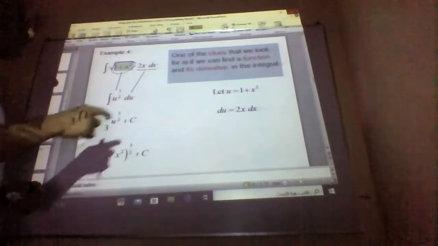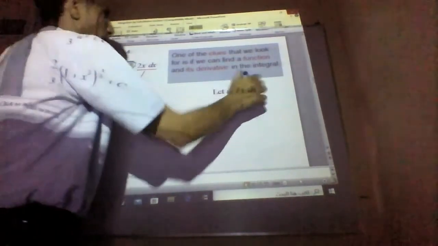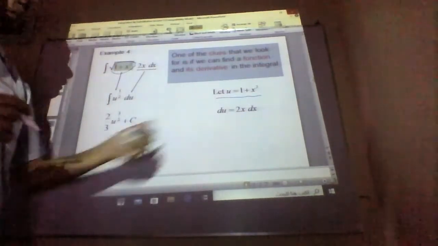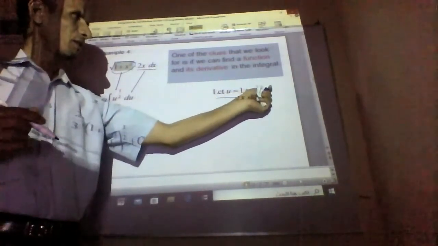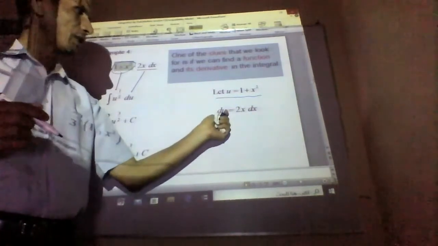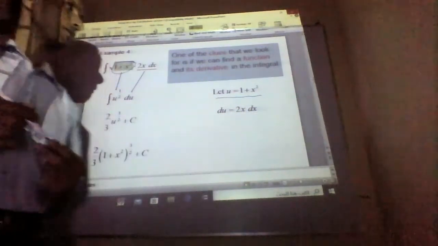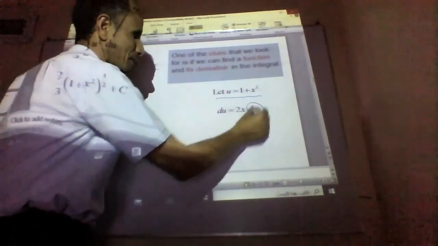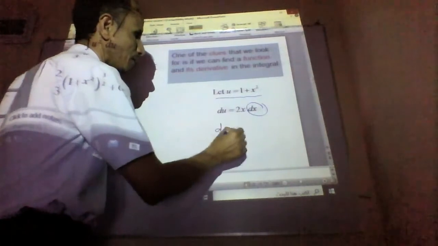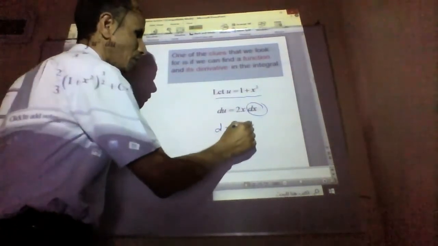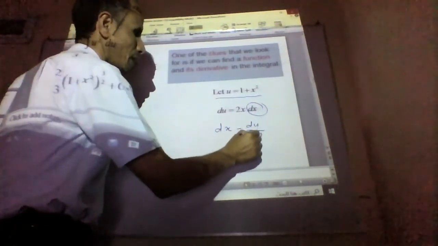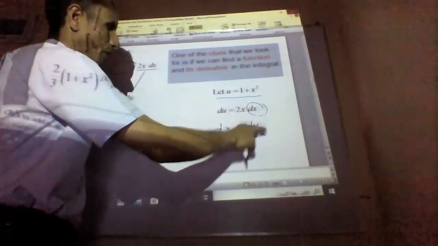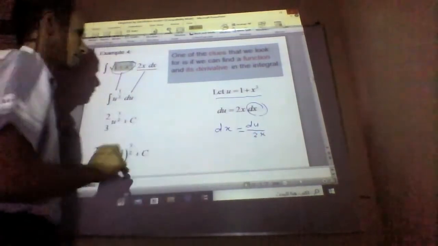Putting u equal 1 plus x squared and differentiating both sides, we get du equal 0 plus 2x dx, so du equal 2x dx. Solving that for dx, dx equal du divided by 2x.